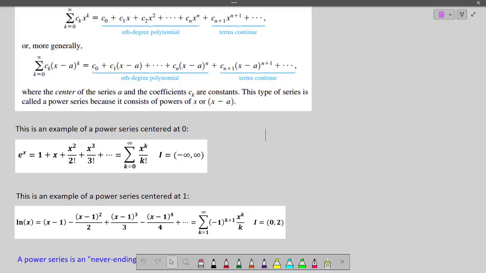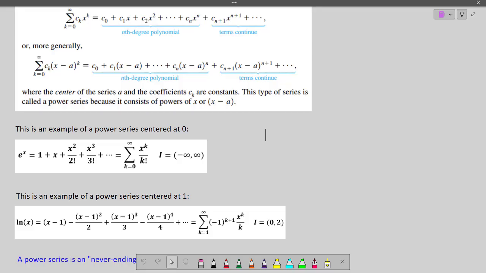Analogy: when you think of a cloud that has every possible function, a function cloud, when you pull a function out of the function cloud, 99% of the time it will not be a nice, neat, common function. 99% of the functions you pull out are going to be power series with random coefficients that will not simplify to common functions.